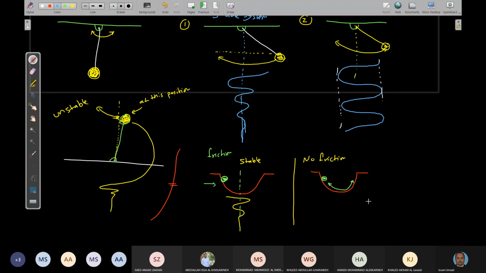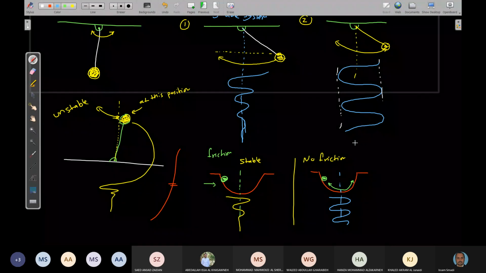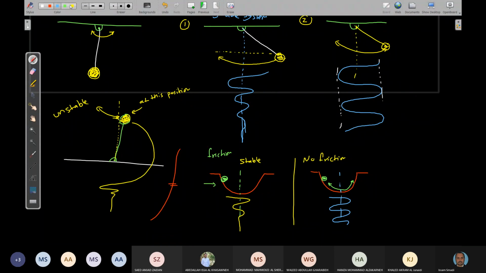So if I visualize it here, it will be this, you know. The same thing, this one is called what? Critically stable. Yeah. This is called the critically stable.